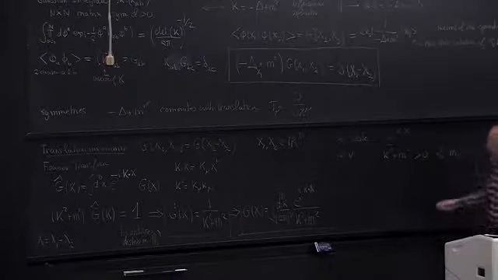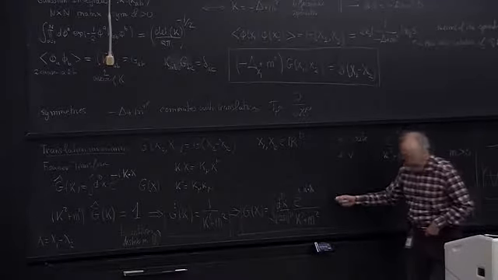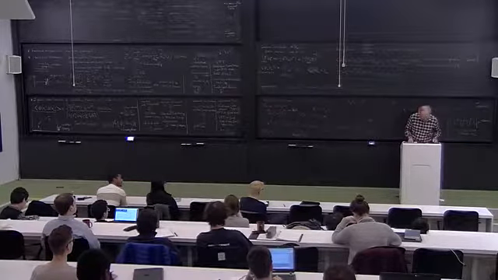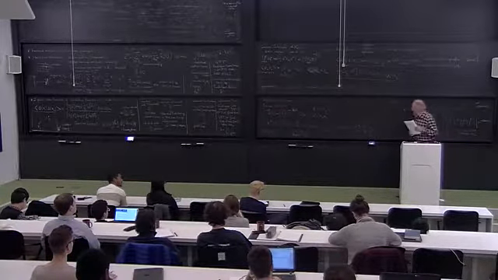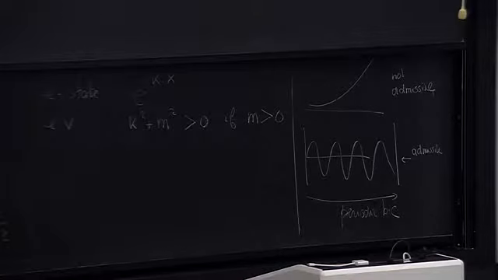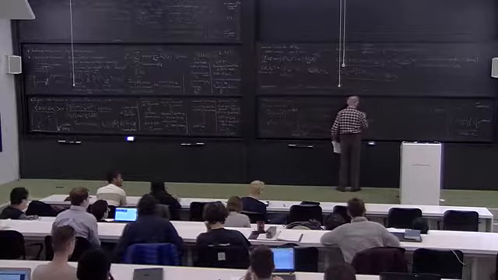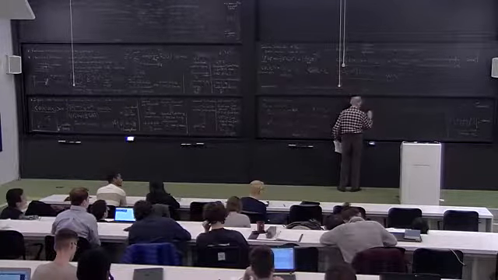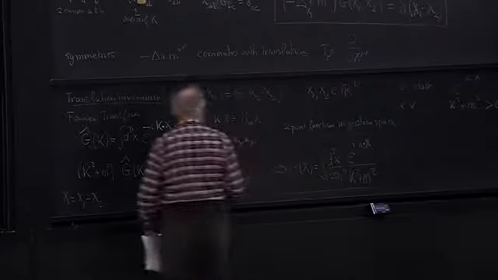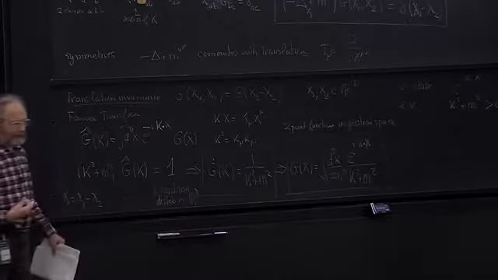Okay, so let me go back to this because I want to give you the properties of this object. This is the two-point function for the free field in position space, and this is the two-point function in momentum space.